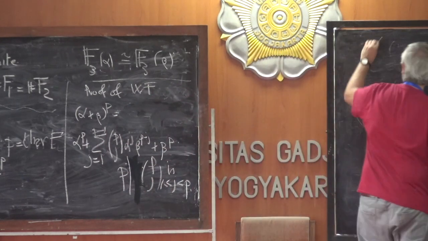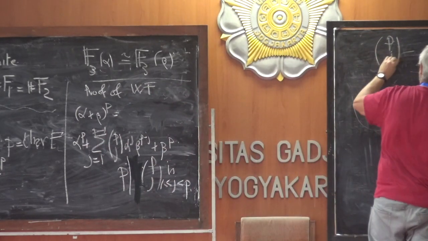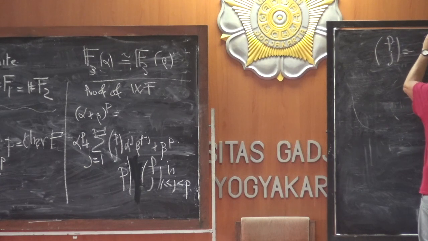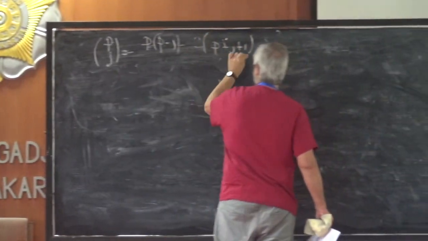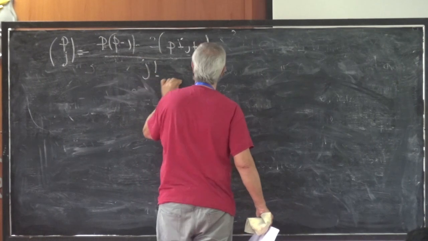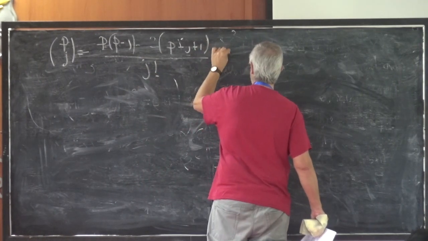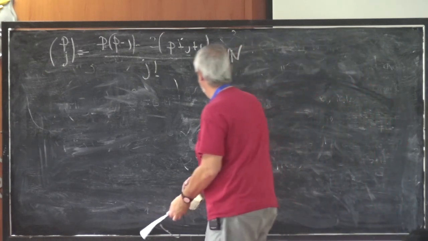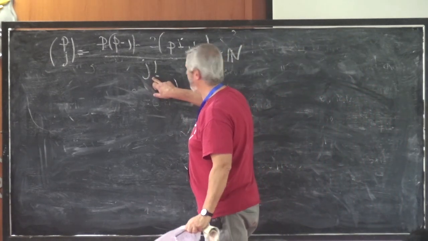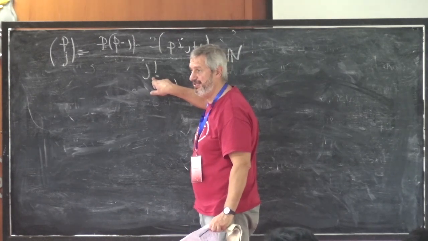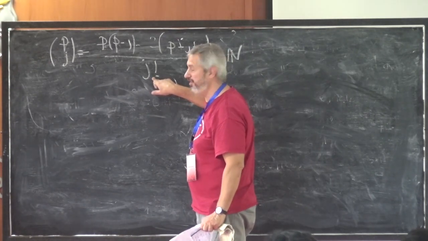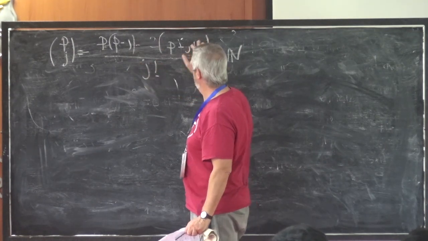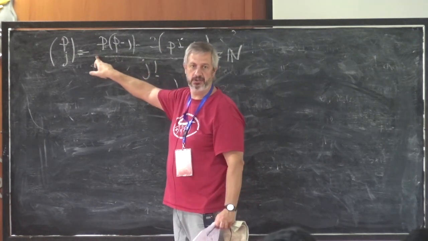And so simply we just write what this is. This is P times P minus 1 dot dot dot P minus J plus 1 divided by J factorial. And this happens to be an integer because it has also a combinatorial interpretation. And you see here J factorial is not divisible by P. So in order to get an integer here, you have to simplify J factorial with anything but the first factor.